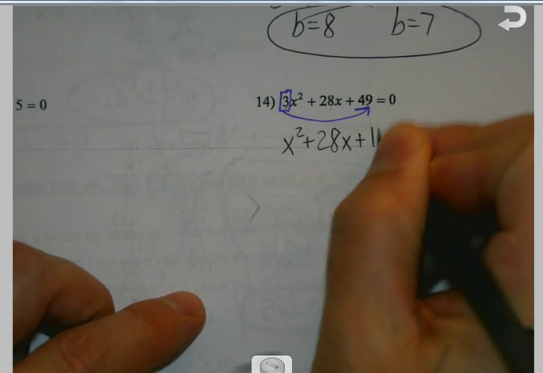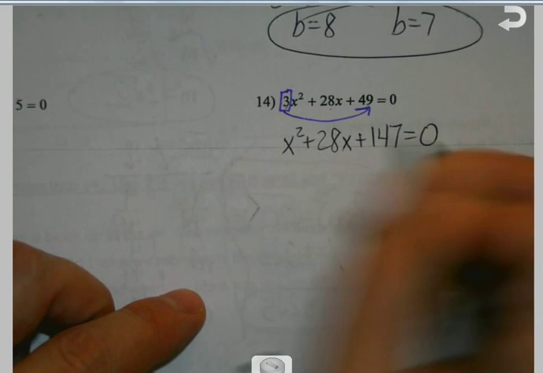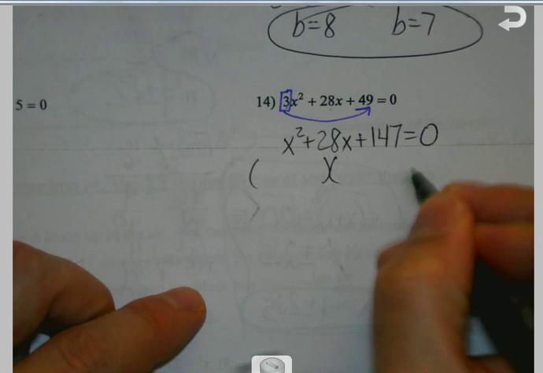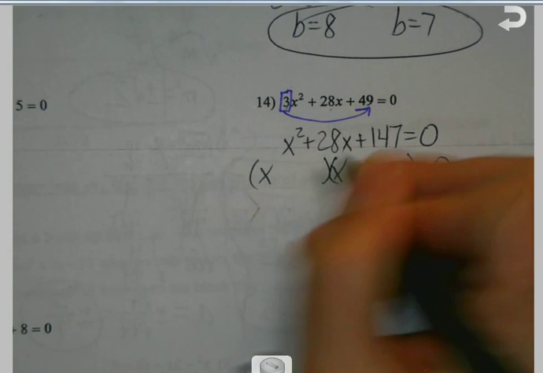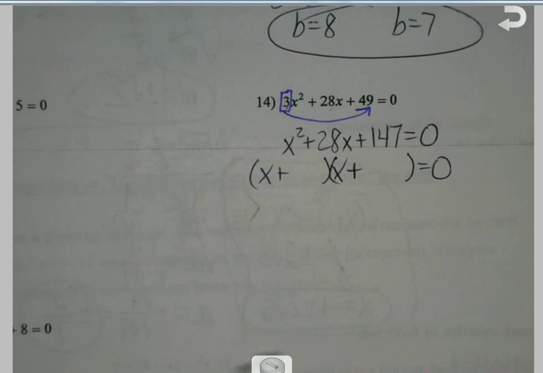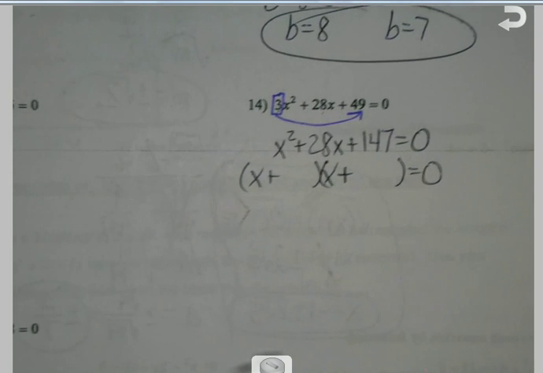Not the prettiest number to deal with, but we've got help. We can do this. I'm looking for the positives and things. Well, I see positive and positive, so everything's going to be positive. That's a good thing. You're like, yeah, but you don't have to worry about the multiply to 147 and add to 28. Oh, I still do.